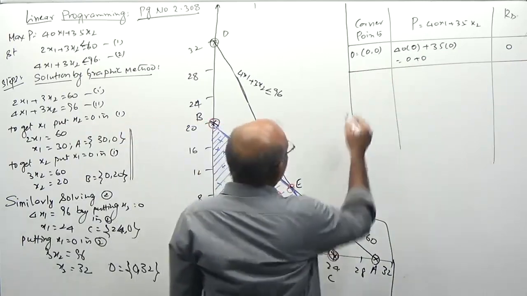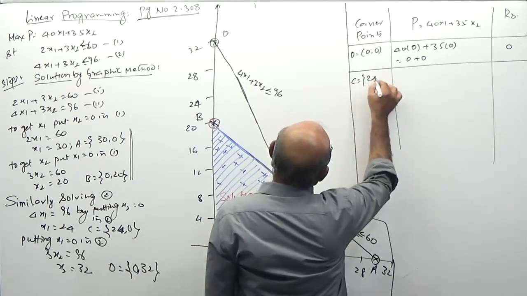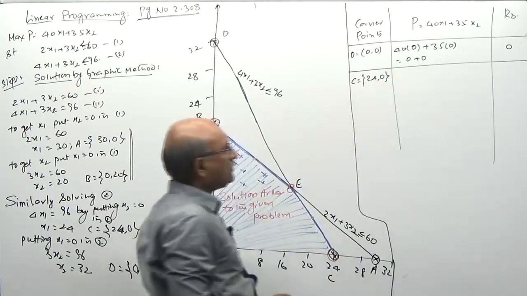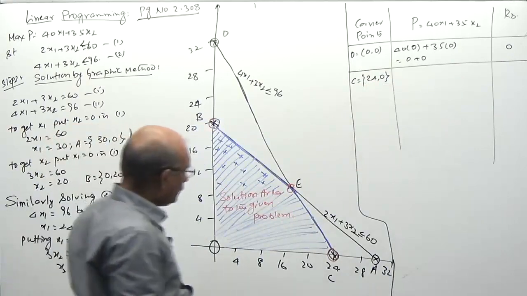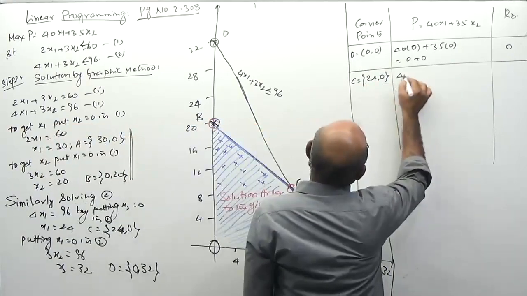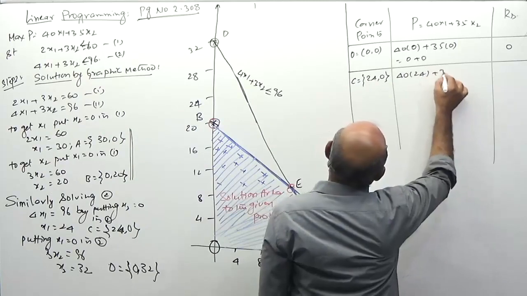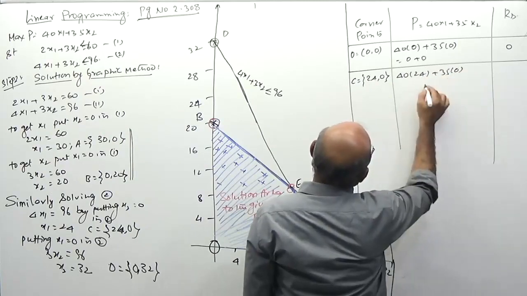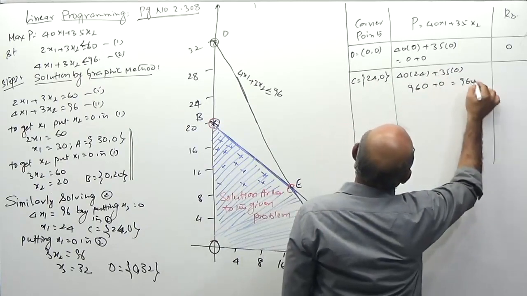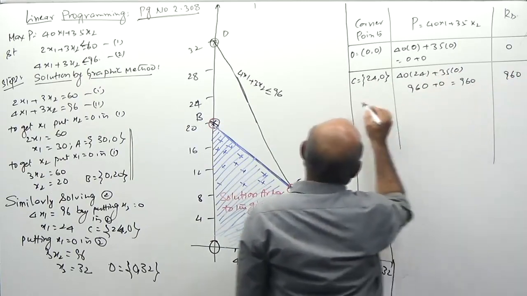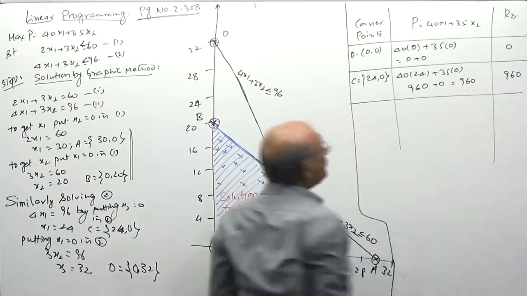Next point is C. This is 24, 0. So 40 into 24 plus 35 into 0. 960 plus 0, 960. So total profit is 960, sir.